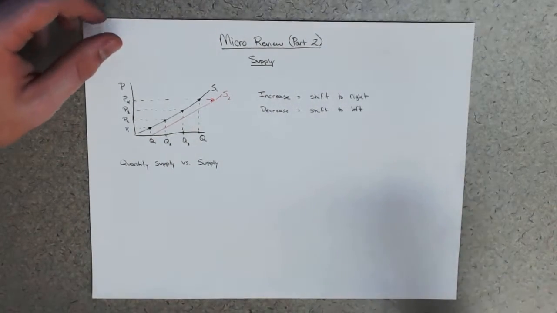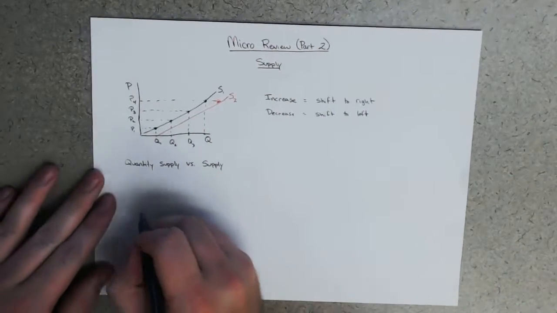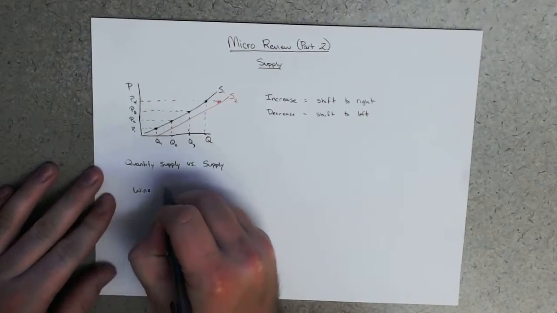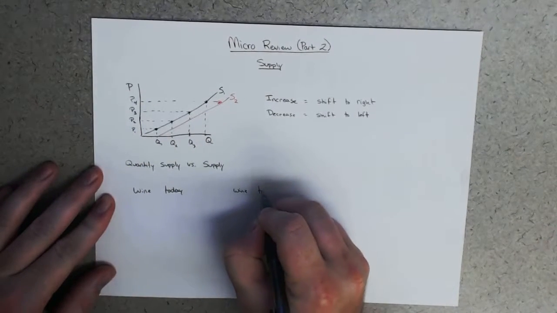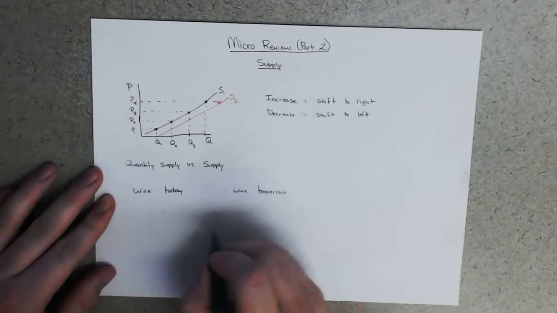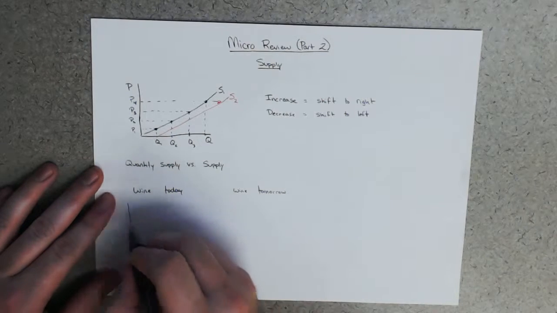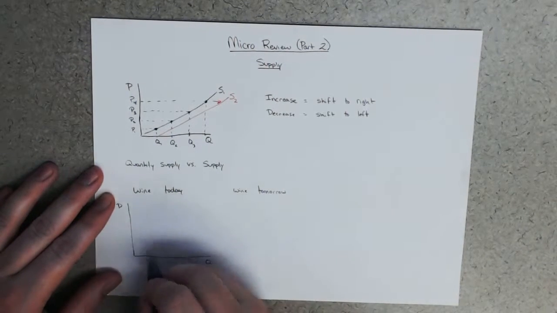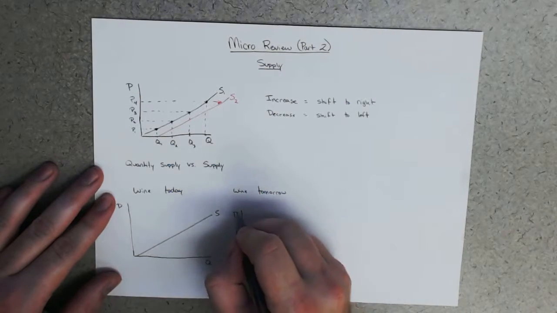So you'll have something that looks kind of like this. You'll have wine today and wine tomorrow. Price and quantity, supply, price and quantity, supply. Again, I don't spell, so just deal with it.